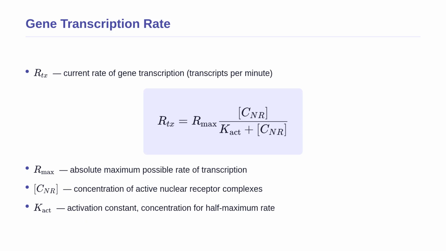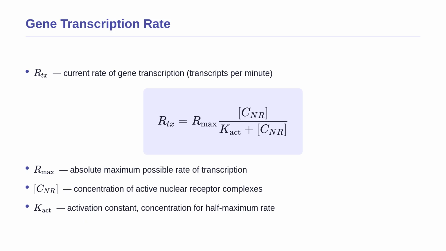The variable R TX represents the current rate of gene transcription, measured in messenger RNA transcripts produced per minute. The symbol R max represents the absolute maximum possible rate of transcription when all DNA binding sites are fully saturated.